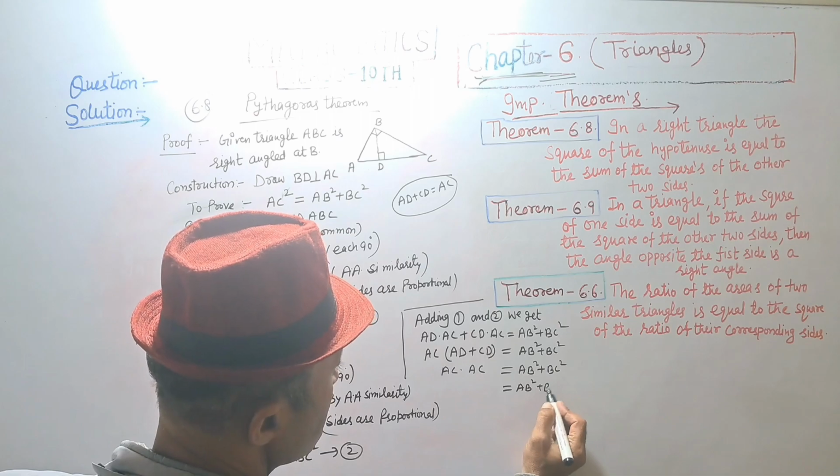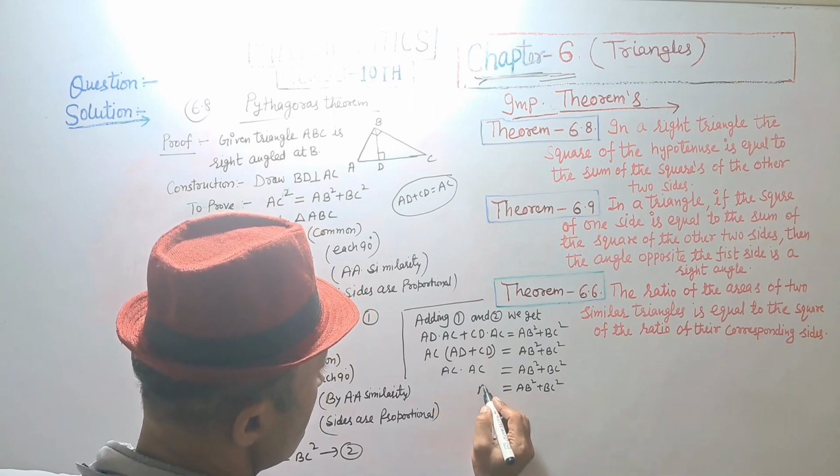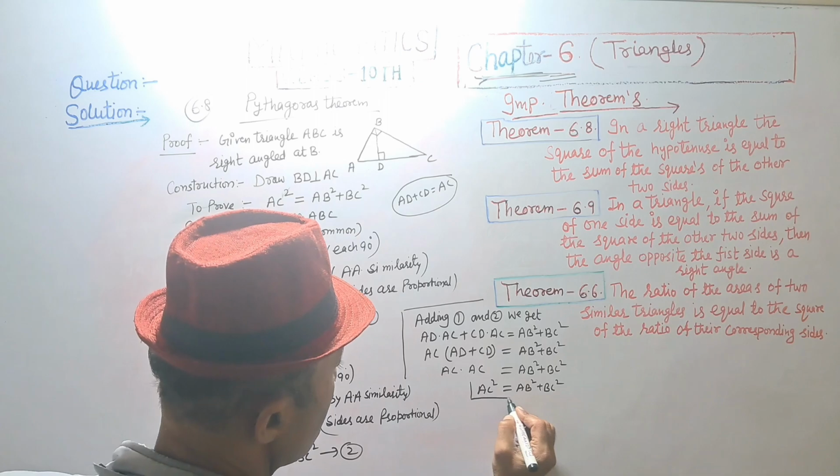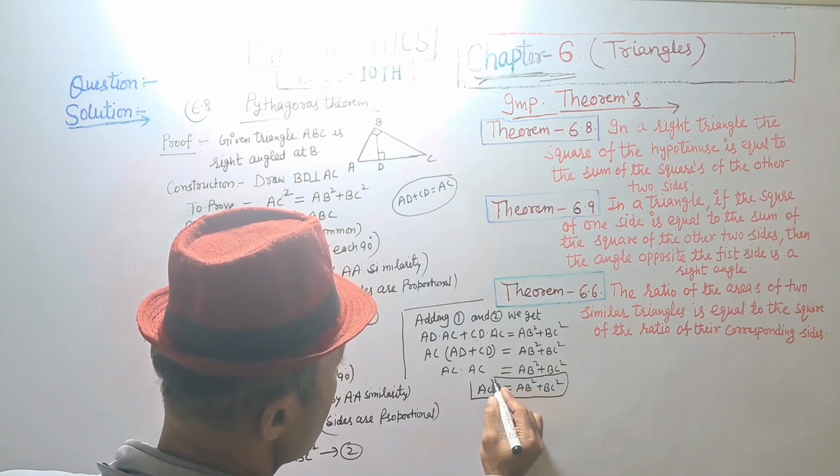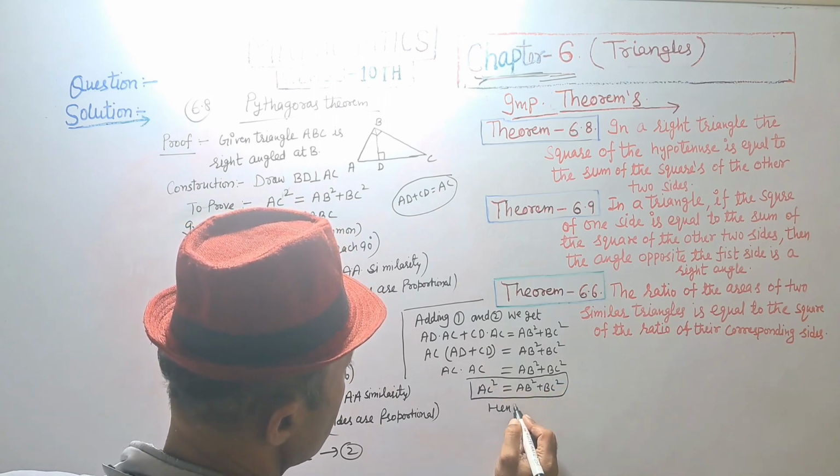AB square plus BC square is equal to AC square. Hence proved.